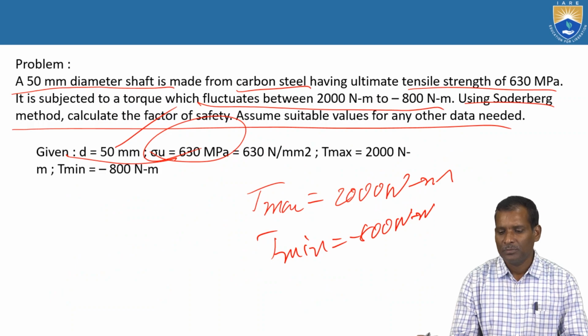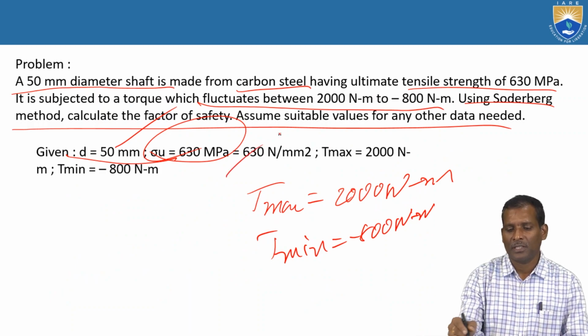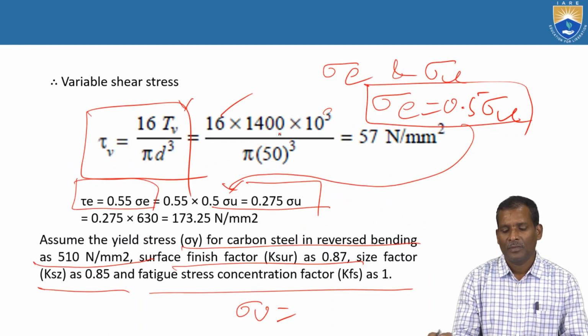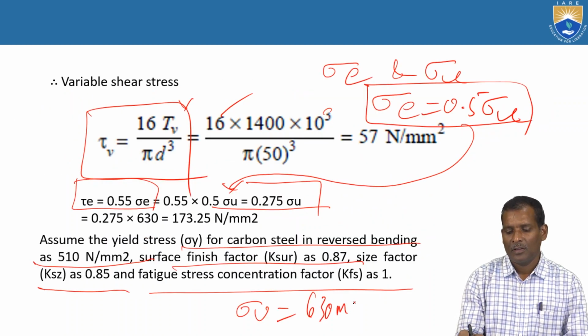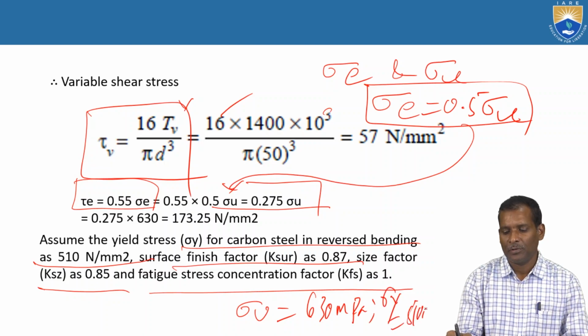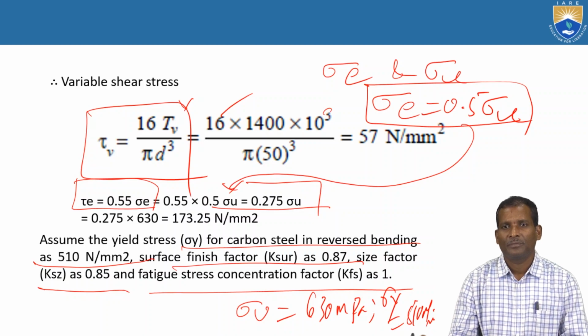Sigma u max is 630 megapascal, and sigma y is assumed 510 Newton per mm square. So if you don't know the exact value for this yield stress, you may assume some approximate values.